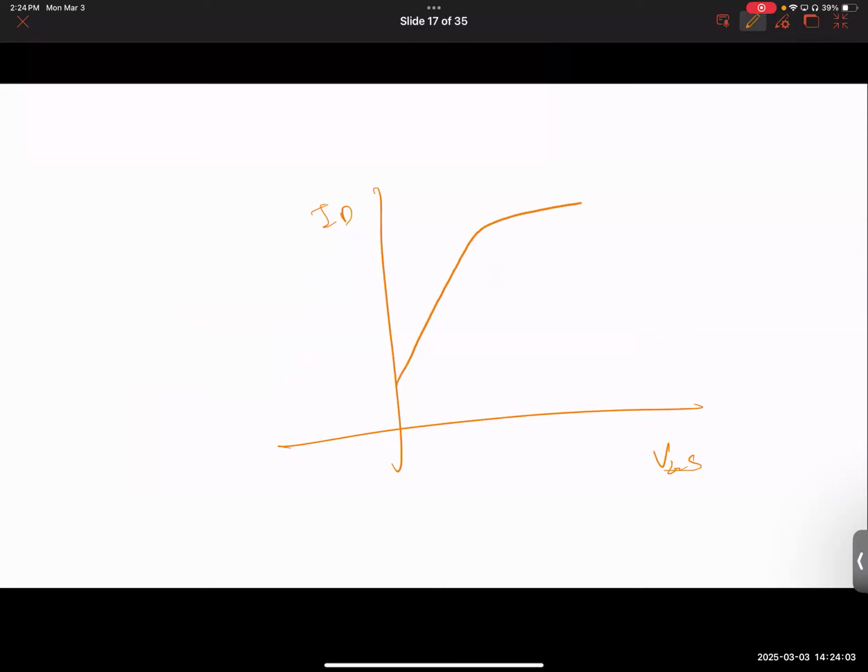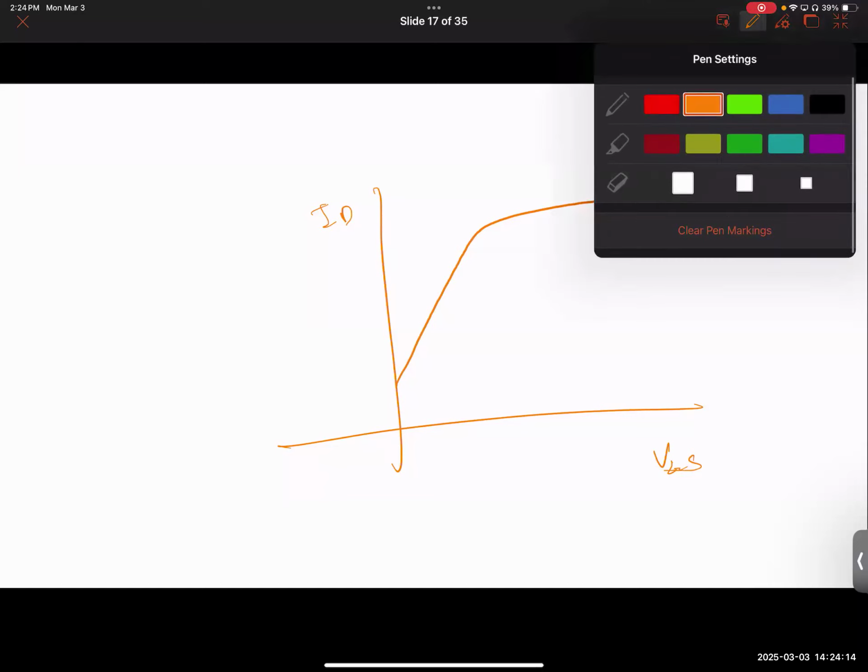Let me exaggerate the data first. This is what you get from a standard ID versus VGS. I didn't mean to start from 0. I meant to start from something non-zero because there is an off current. Okay, do you see that? All right, so this is a standard FinFET or MOSFET, whatever.